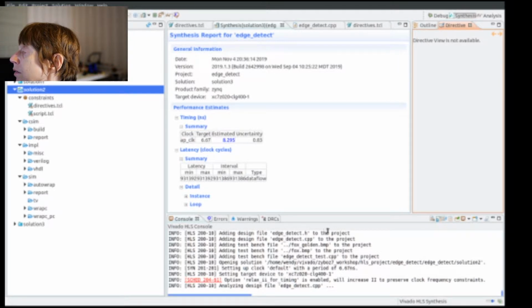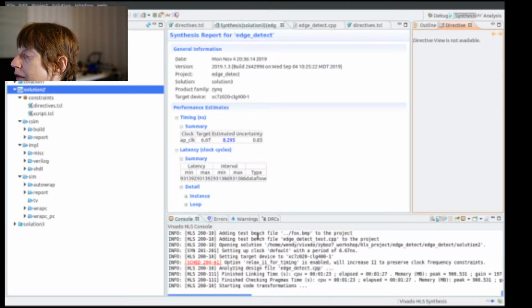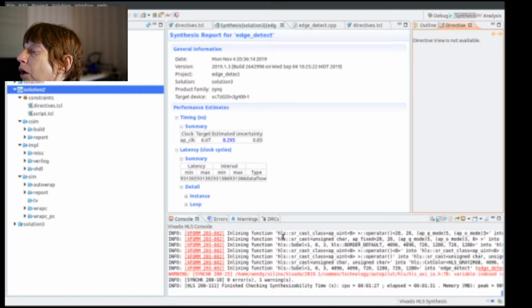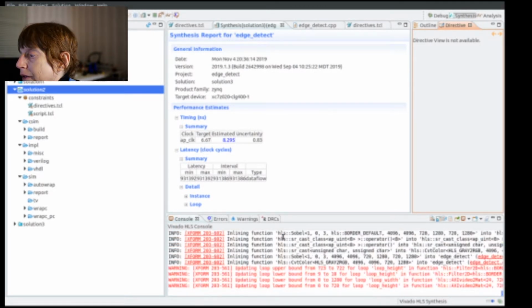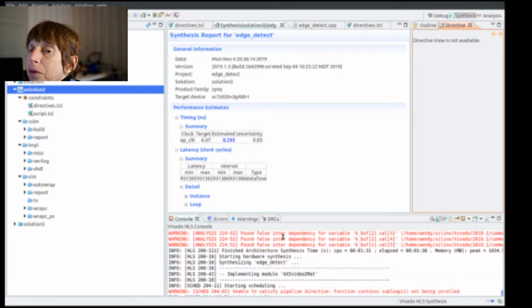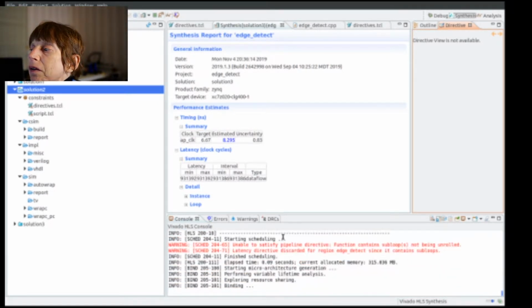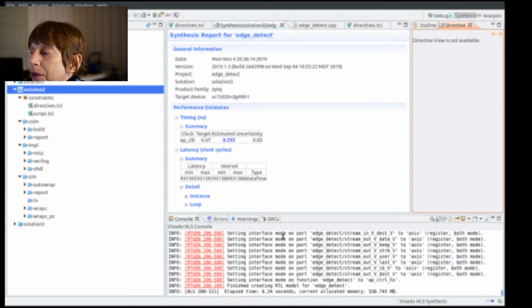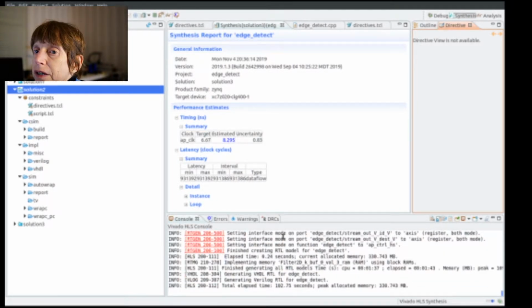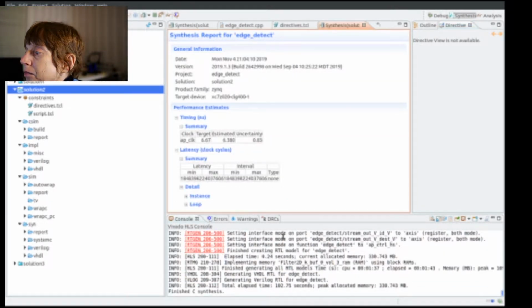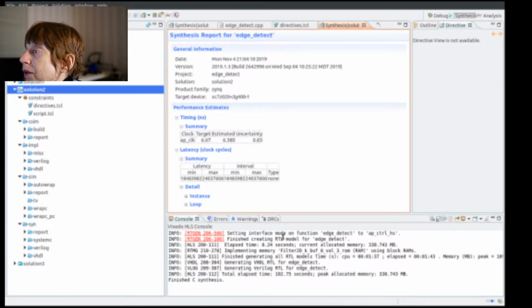And it's still, what are we doing here? Solution 3. So it's still going here. It is creating it. So, in the end, what we found is the issue appears to be with the edge detect. If you take out the edge detect, it works fine.